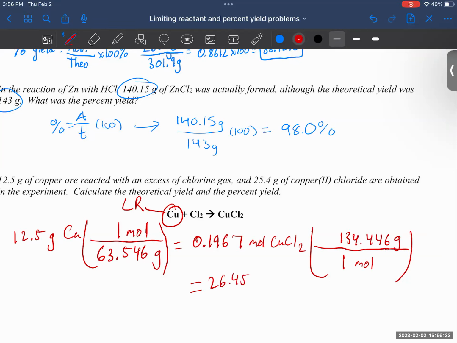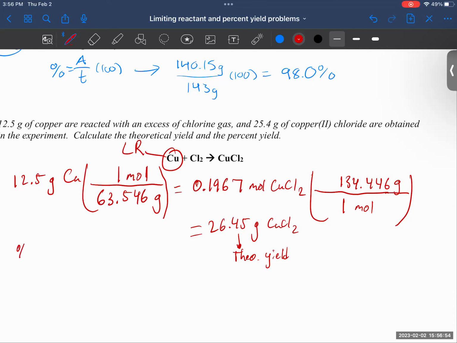How do we get to our percent yield? Percent yield is going to be actual over theoretical. So we have 25.4, and we divide that by 26.45.